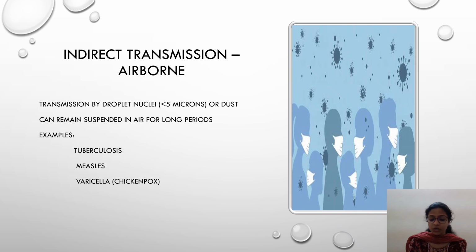Because of their small size, these droplets can travel further than droplets in direct transmission. Common examples include tuberculosis, measles, varicella, which is chickenpox, etc. Good ventilation, respiratory protection and isolation play a major role in controlling this kind of airborne infection.